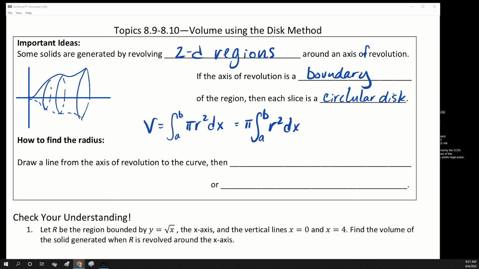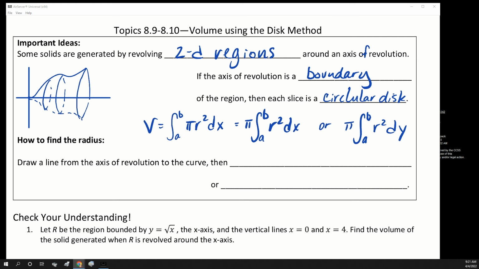And then sometimes you're revolving it around a vertical axis, like the y-axis. And so it's the same thing, except your upper and lower limits, you're going from bottom to top. So they're going to be y values, and it's going to be r squared dy. So r would have to be in terms of y.